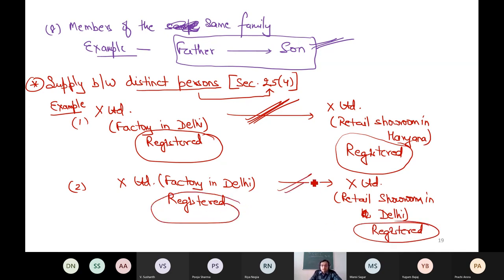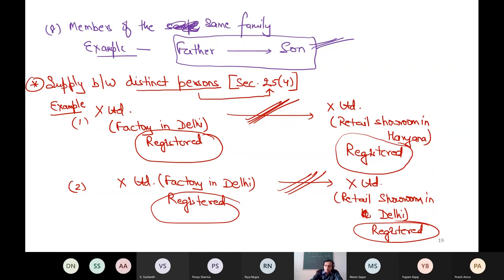Distinct persons. So the factory cannot say that I have not charged anything from my showroom, these jeans or these products are simply sent to the showroom for further sale. Government says no, since you have taken separate registration, pay GST. It has to be treated as supply even if without consideration. That's it. This is what 25.4 is.